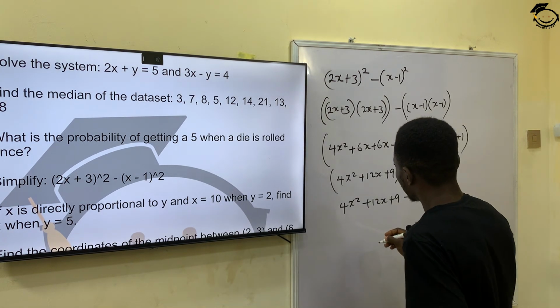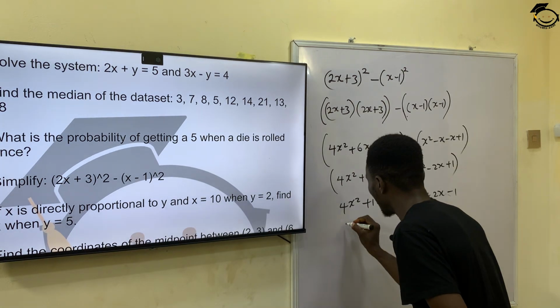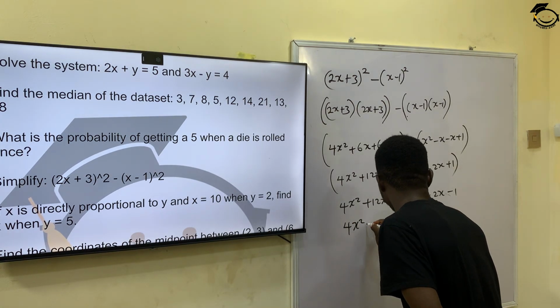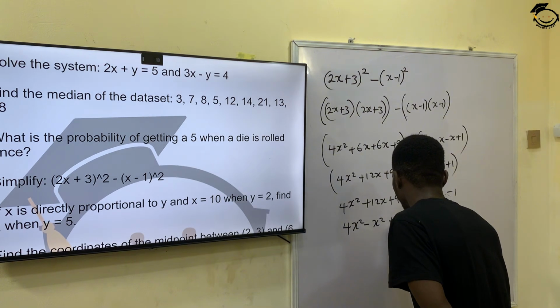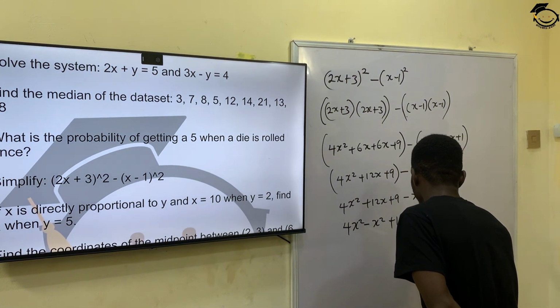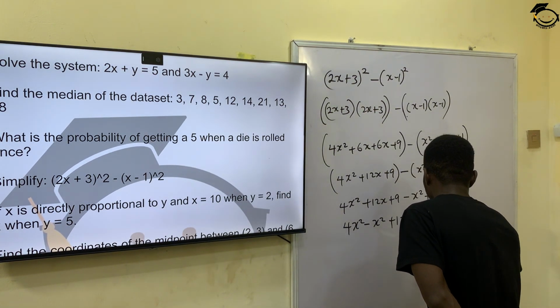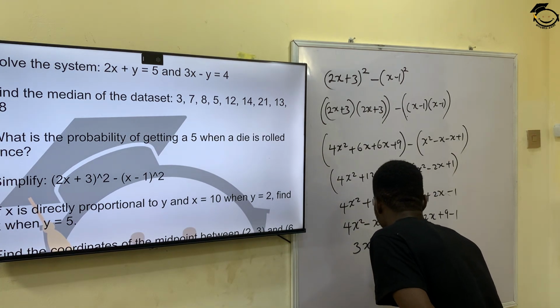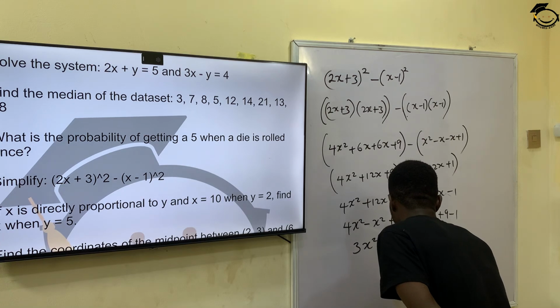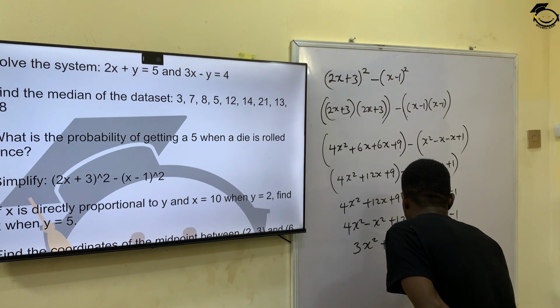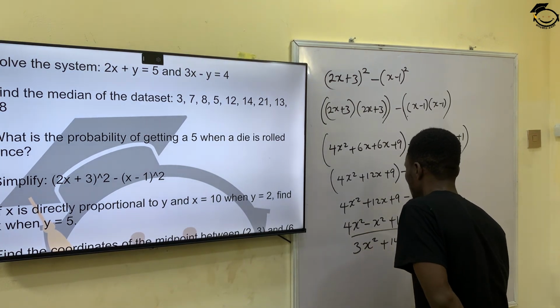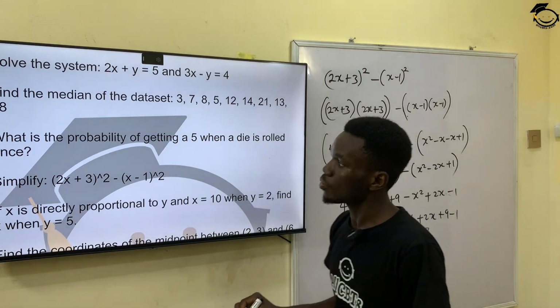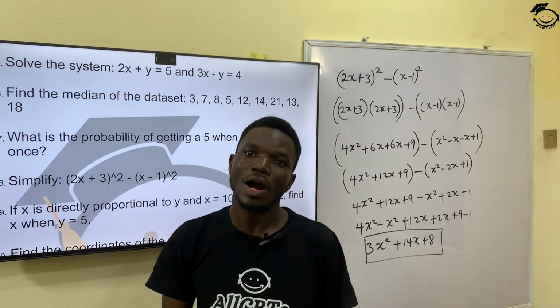If I bring the like terms together, it means I have 4x squared minus x squared plus 12x plus 2x plus 9 minus 1. And that will give me 3x squared plus 14x plus 8. So this is my final answer because the question said simplify.